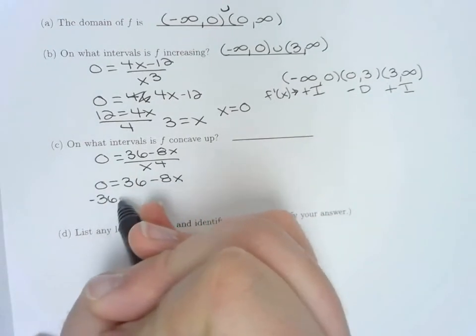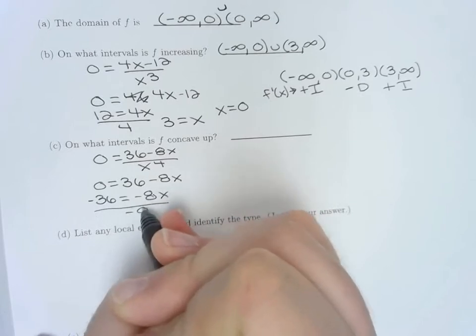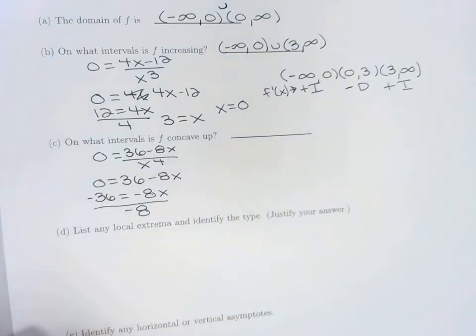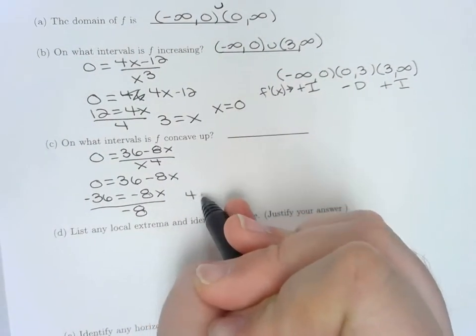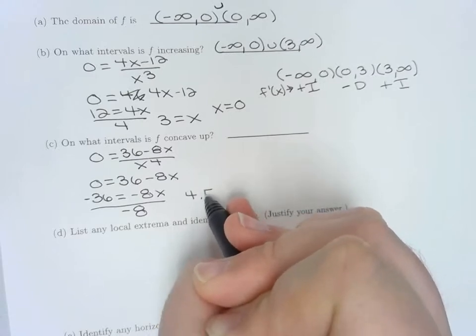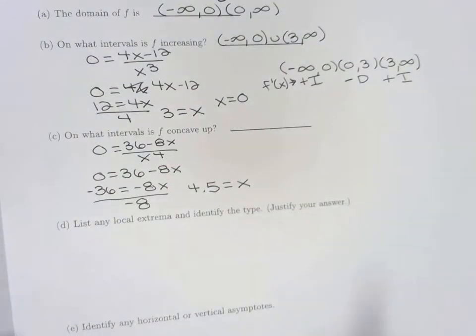Negative 36 equals negative 8x. Divide by negative 8. I just said how nicely it worked out. Which is 36 over 8, or 9 halves. What is it? 4.5. Yeah, whatever. It doesn't matter either way. 9 over 2 or 4.5.